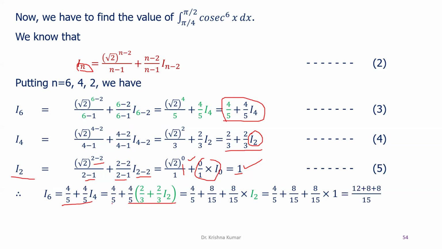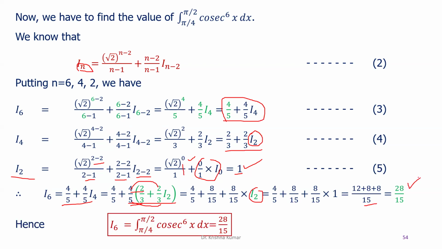And if we open the bracket, it is 4 by 5 plus 8 by 15 plus 8 by 15 into I2, but I2 is equal to 1. So we have 4 by 5 plus 8 by 15 plus 8 by 15, which is equal to (12 plus 8 plus 8) upon 15, which gives us 28 upon 15.